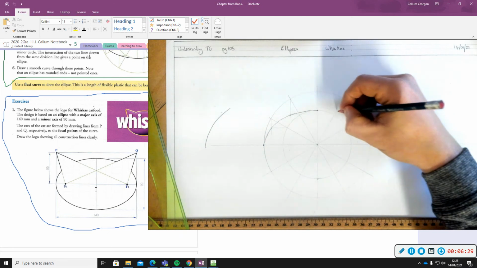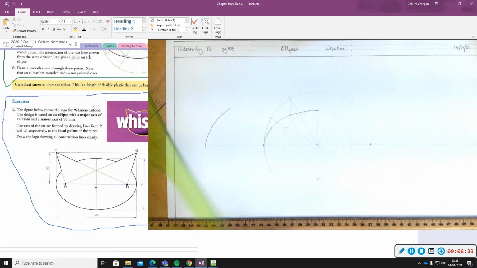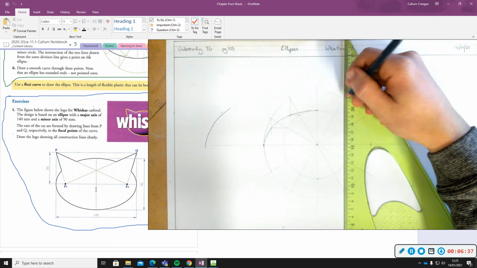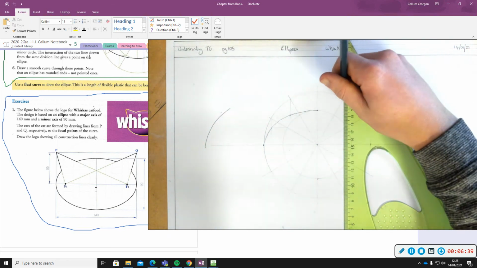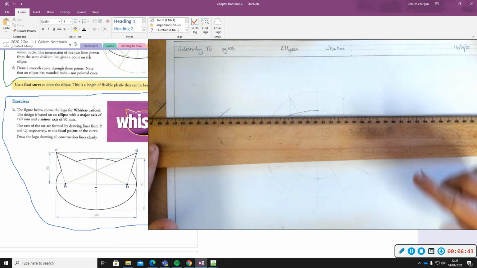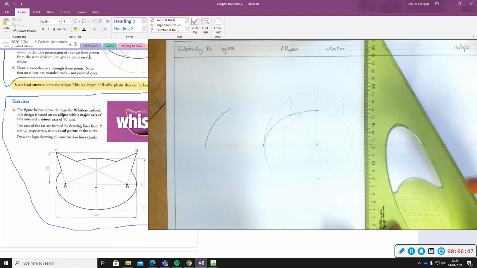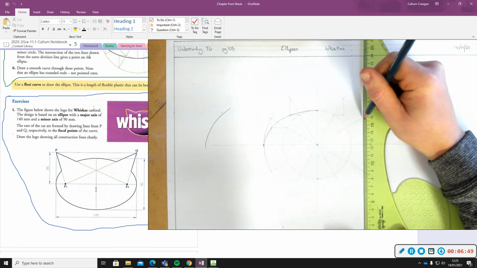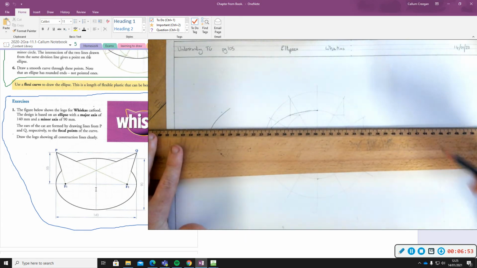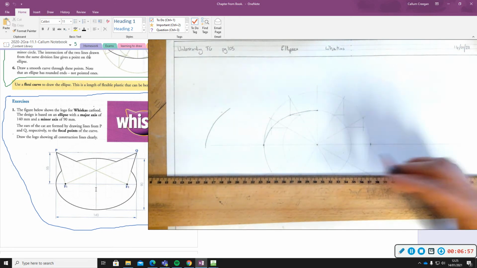So the points have to generally go along where I'm drawing here. Major circle, always vertical, and minor circle, always horizontal.